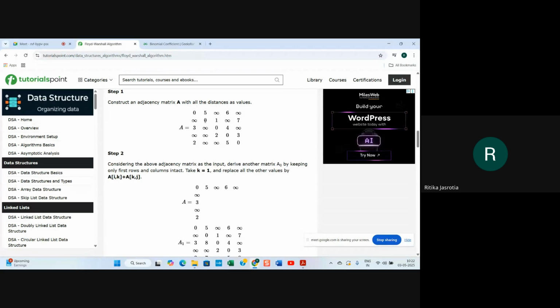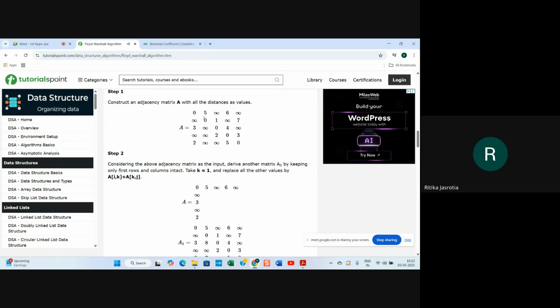So at 1, 1, A11 plus A11. A11 is already 0.